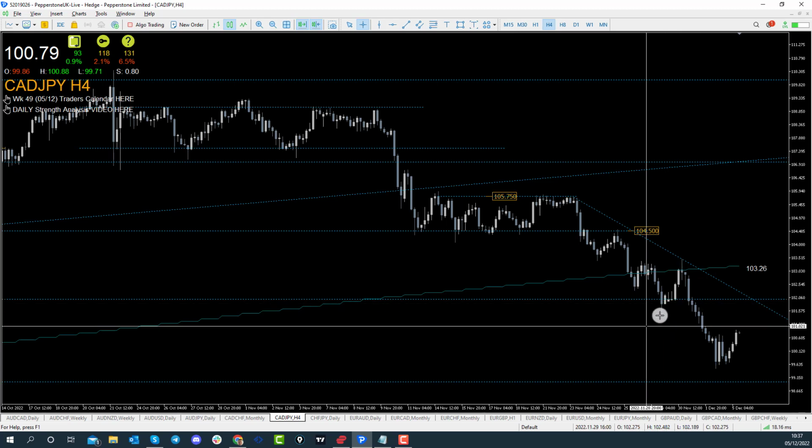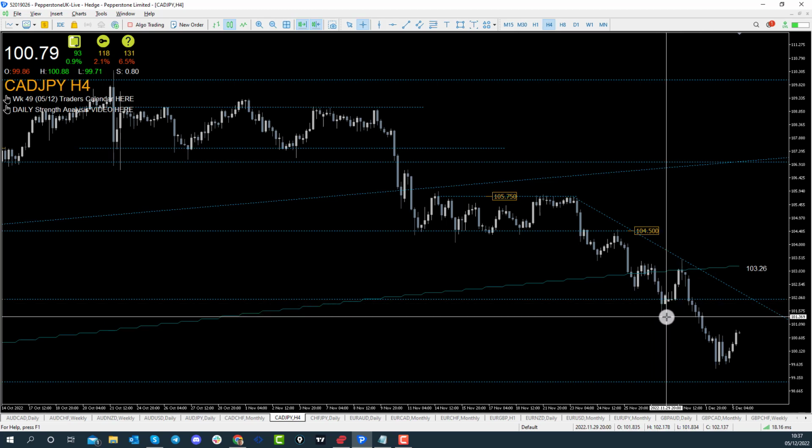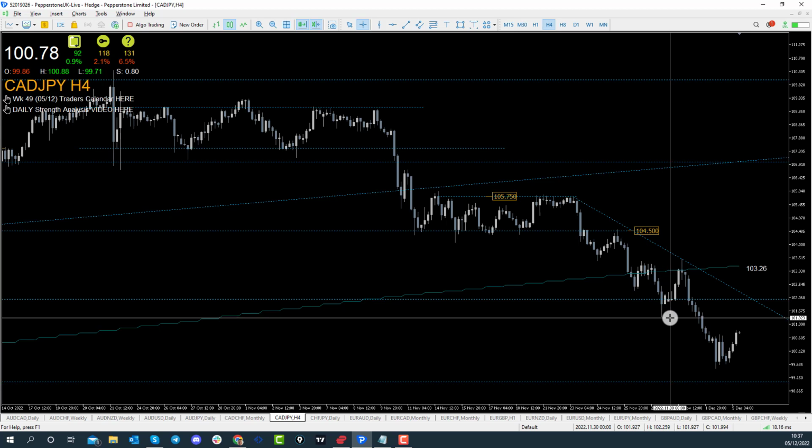However, the tail of this low comes down to 101.30. So if it's a strong aggressive move to the downside, price may only want to reach the previous lows before continuing lower there. So that's just something to consider as well if you are in agreement that the yen could continue to be strong.